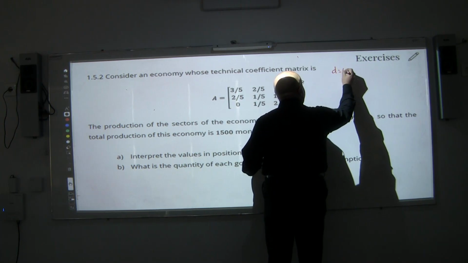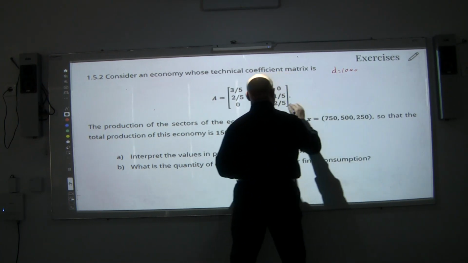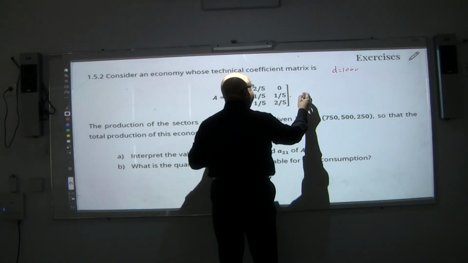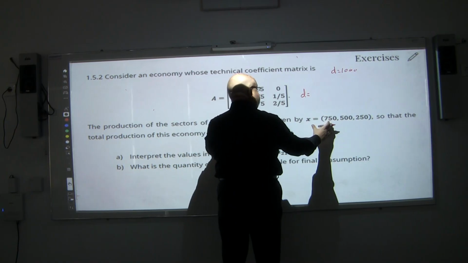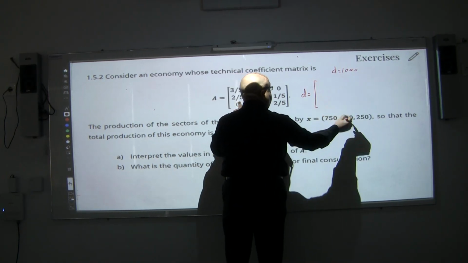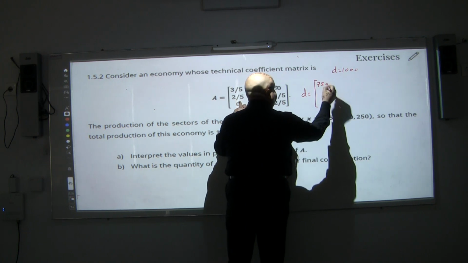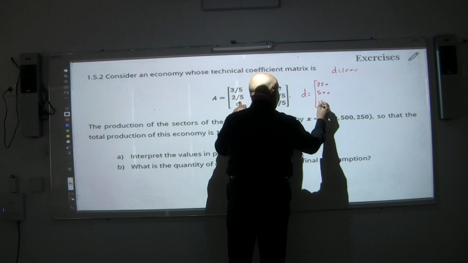Let's say D is 1,000, or let's do it this way first. If I want to find the final demand for this problem, according to this production, all I have to do is to have the column, which is 750, 500 and 250.